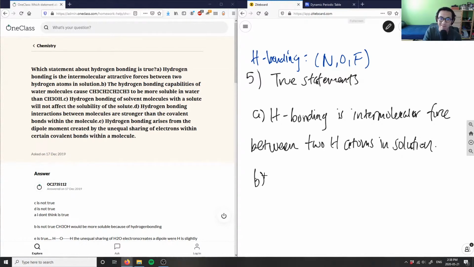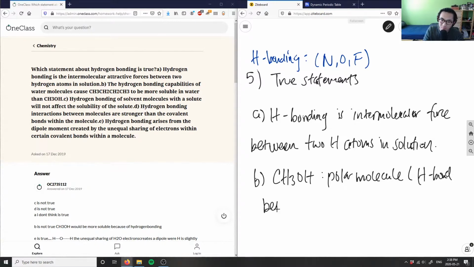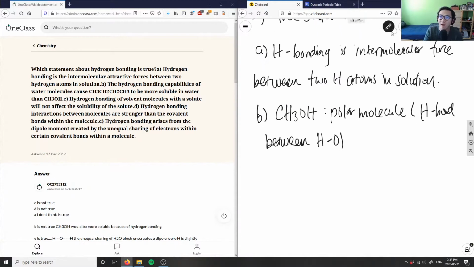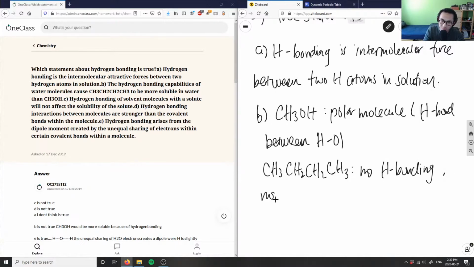That is also not true, because CH3OH is a polar molecule and it contains hydrogen bonding, between the H and the O. Whereas CH3CH2CH2CH3 has no hydrogen bonding. No H bonding.